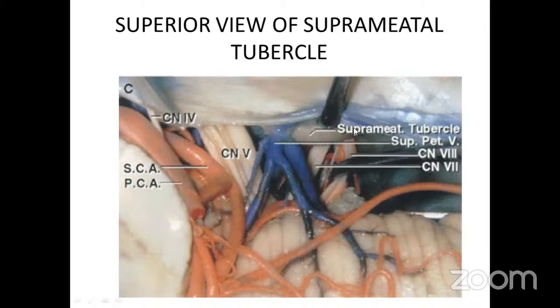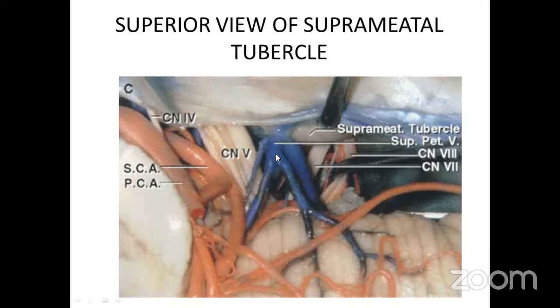Now we can see, if we remove the suprameatal tubercle, the course of the vestibulocochlear nerves inside the internal acoustic meatus, because the suprameatal tubercle is the posterior part of the internal acoustic meatus. If we go to the posterior fossa, we also drill this tubercle. We are viewing from superiorly, but this one is the lateral area.